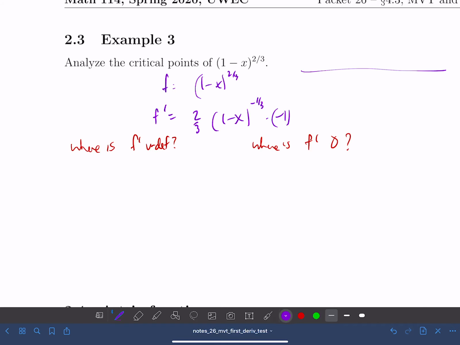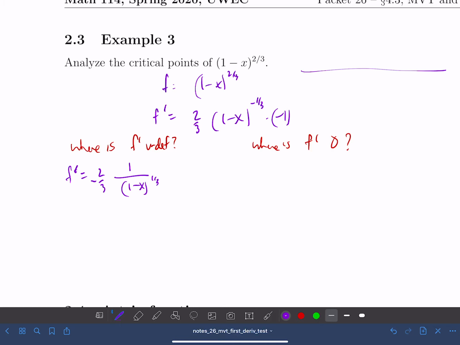So I think that our way forward is going to be to rewrite this as 1 over 1 minus x to the 1/3. Let's put a minus sign out there. And now we can see, by having dealt with that negative power, that now I've got something down in a denominator, which is what yields, in many cases, these f prime is undefined things.